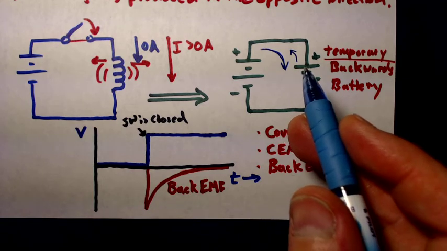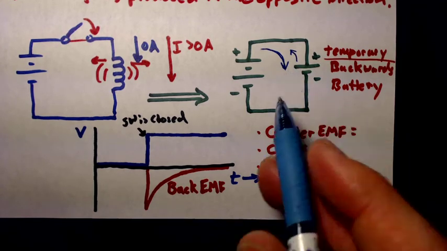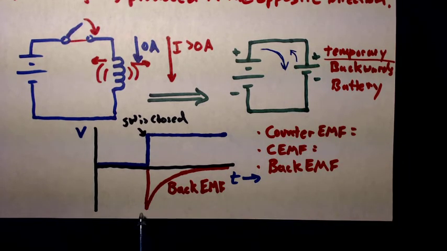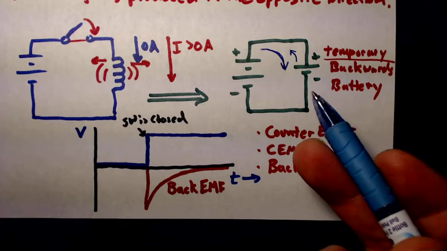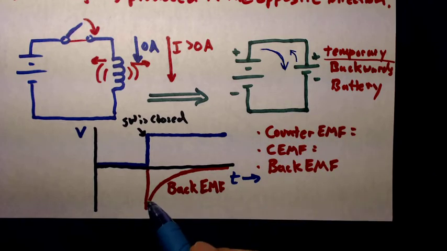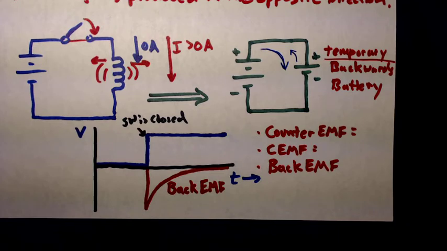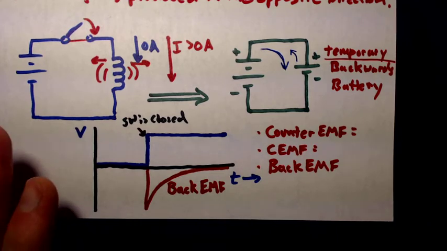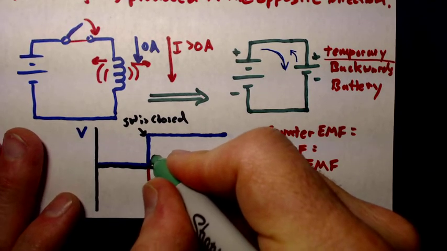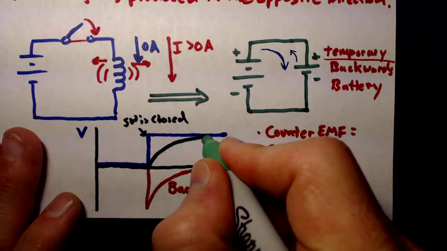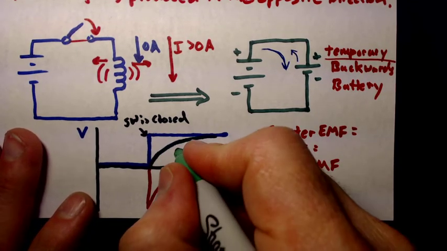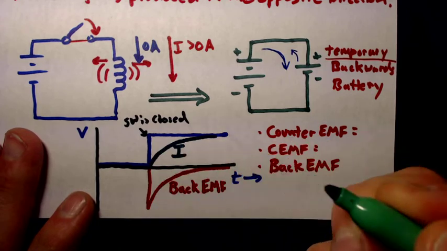In other words, it's going to take some time. Remember that the back EMF doesn't stay at its max value indefinitely. It goes to some value, and then the change is no longer occurring, so the back EMF peters off. And so the current ends up looking like this.